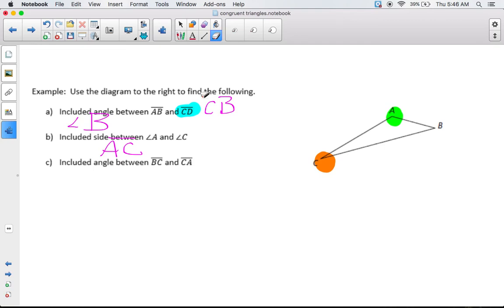And let's try another angle real quick. What angle is in between BC and CA? That would be angle C. That's where the two come to meet.